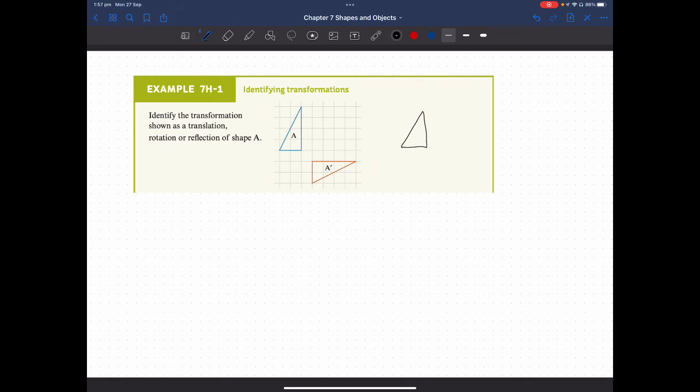If we were going to consider a rotation, at the moment, imagine there is my A. If I rotated it, turned it this way, I get that shape. If I rotated it again, I would get that shape. If I rotated it again, I would get that shape.